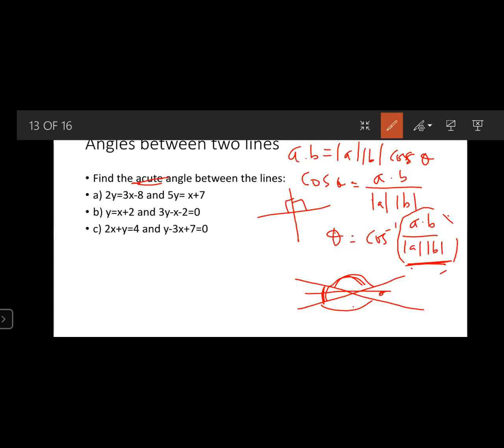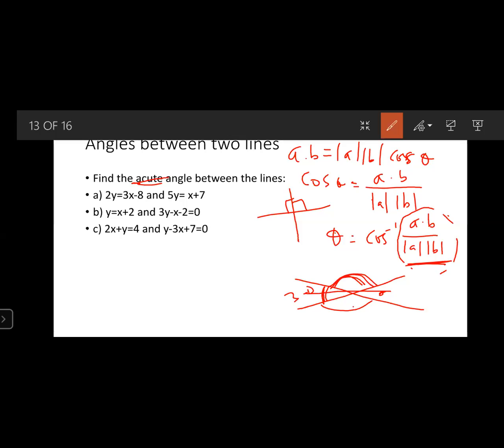So even if you get the acute angle, you can use it to get your obtuse angle. If you get this one to be 30, what is the remaining one? It will be 180 minus 30, and that is just 150.